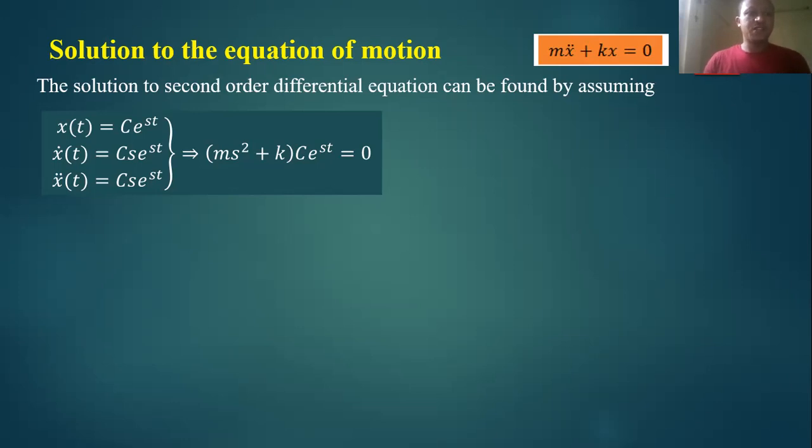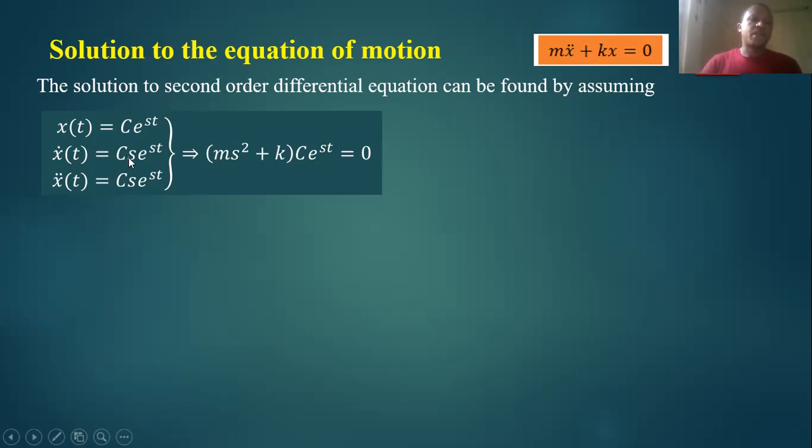We assume x of t is equal to some arbitrary constant c times e to the power of st. s is some parameter, the eigenvalue, and t is the time marching of the system.